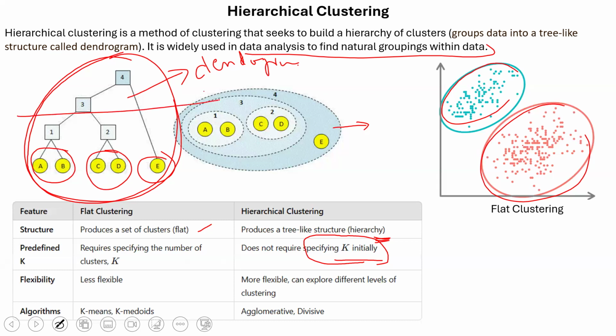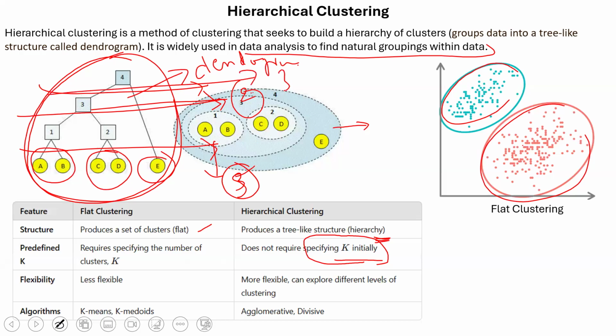You can cut it here, or here, or here. If you cut here, you will get three clusters. When you cut here, you will come up with two clusters. Here, every point will be treated as a cluster.